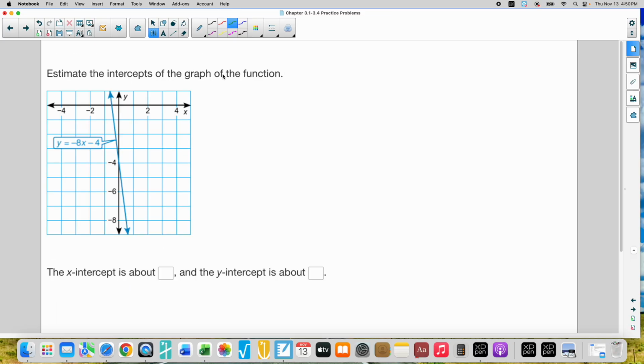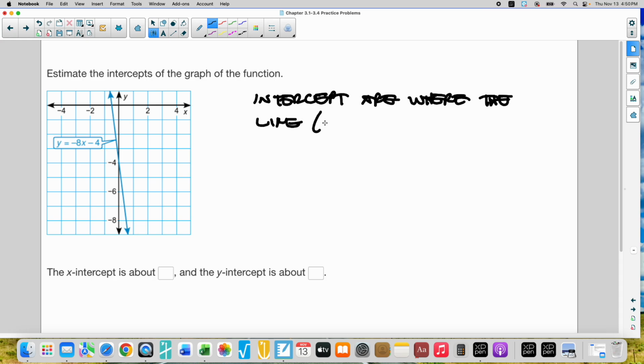Estimate the intercepts of the graph. Intercepts are where the graph, the line, aka the graph, crosses each of the axes.